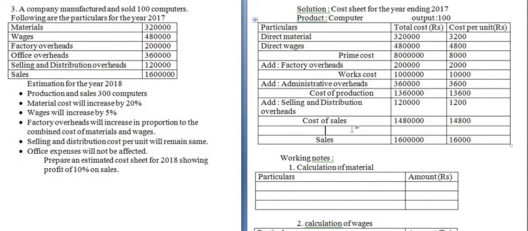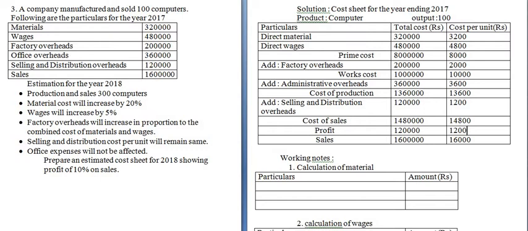Now find out whether there is profit or loss. Sales minus cost of sales. If sales is more than cost of sales, it indicates profit. So it is more. So profit is 1,20,000 and here it is 1,200. Hope this statement is clear to you all.